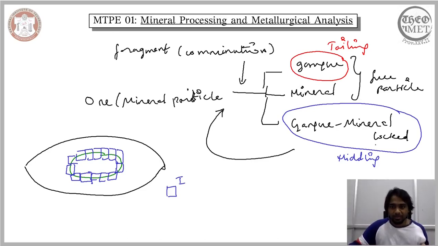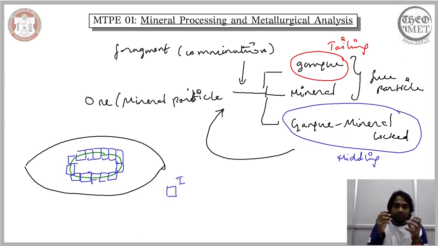However, when we do so, the amount of money being spent will increase. So it is possible for us to arrive at the size of 1 from the initial stage onwards, so that we are able to liberate a significant amount of mineral particles. However, when we do that, it will become very much expensive.